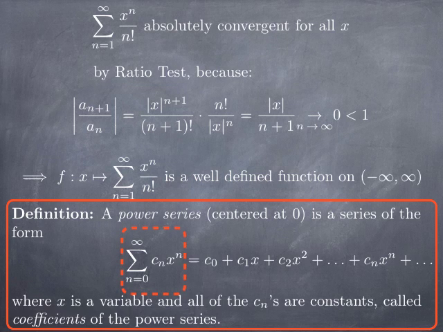So that means it starts with a constant c0, and then a constant c1 times x, and then a constant c2 times x squared, and so on. So it's like, as I said, a polynomial, but of infinite degree. x is a variable, each one of the cn is a constant, which of course depends on n. These constants are called the coefficients of the power series.